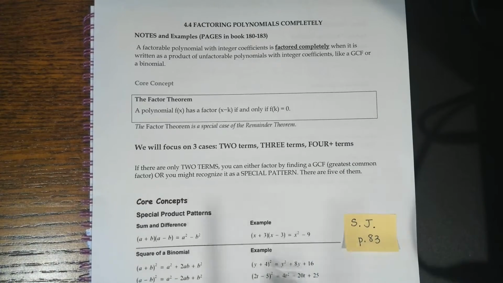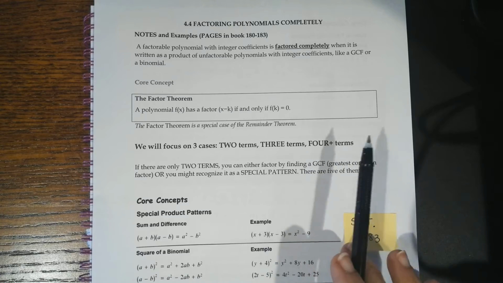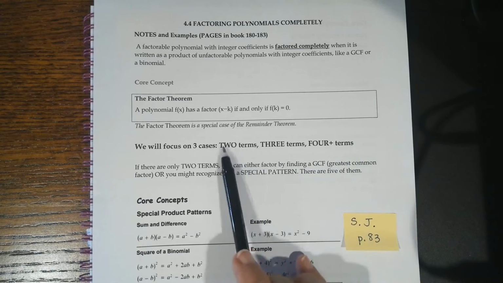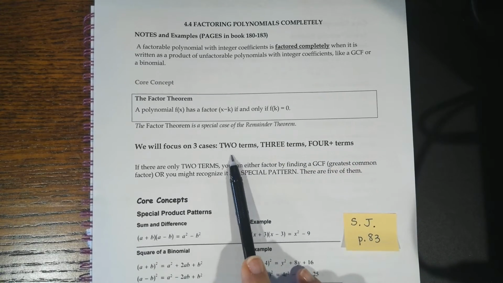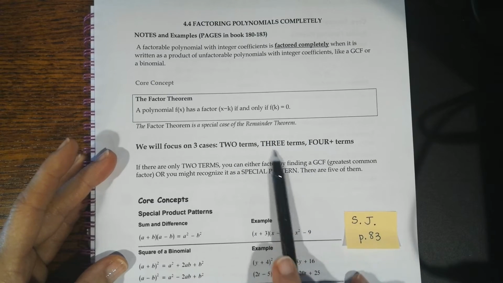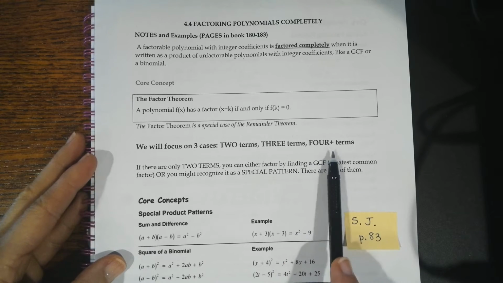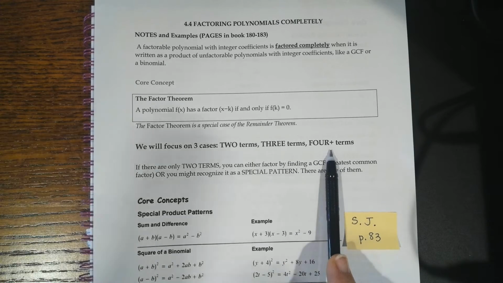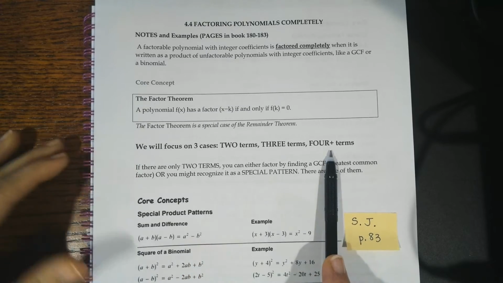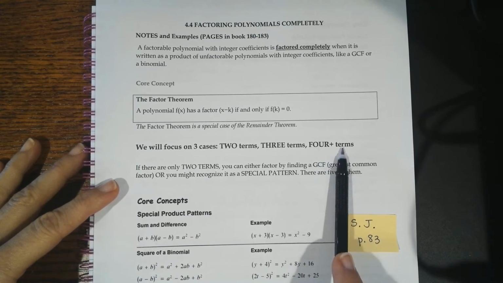In general, I'm going to give you some hints. I'll probably do 3 little separate videos here. If you have 2 terms, there are certain things to look for. If you have 3 terms, that's the one you're mostly familiar with, how to factor a polynomial. And if you have 4 terms or more, because it can work for more, I'm going to show you how to do that in a separate video called Factoring by Grouping.